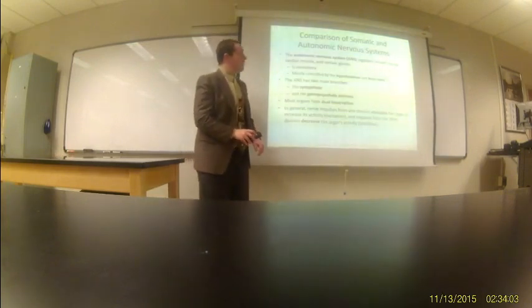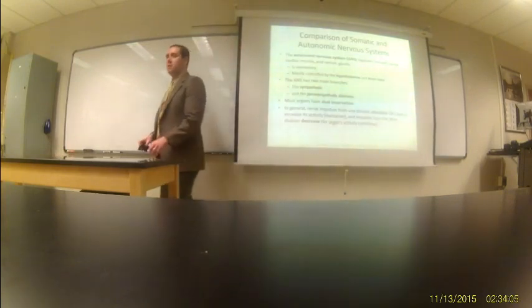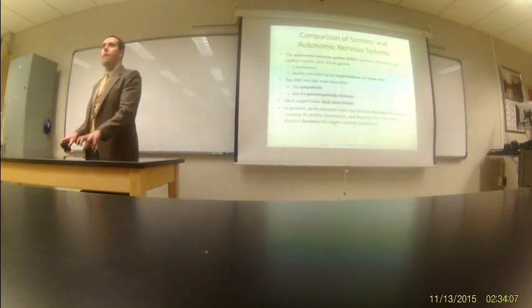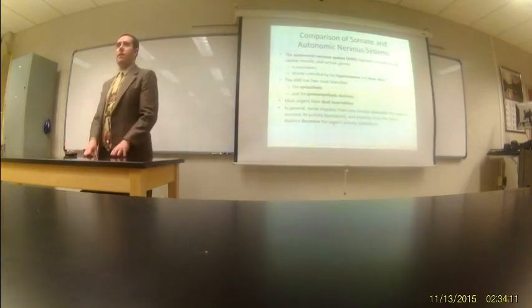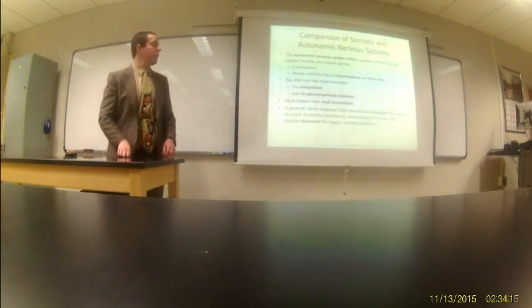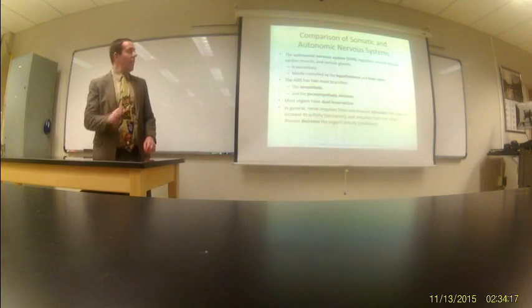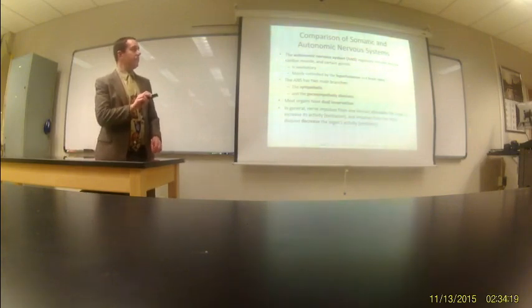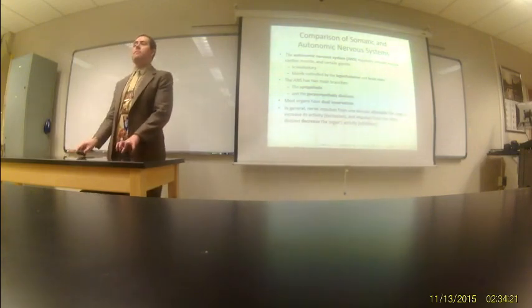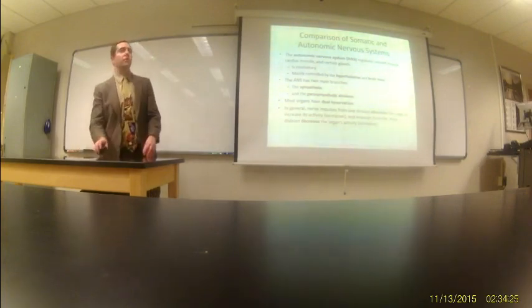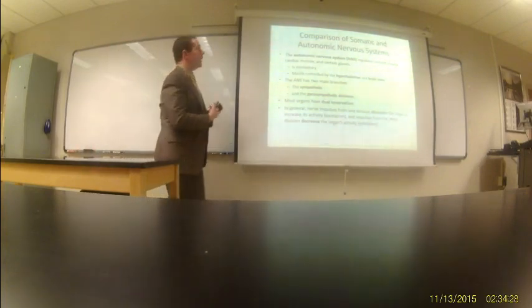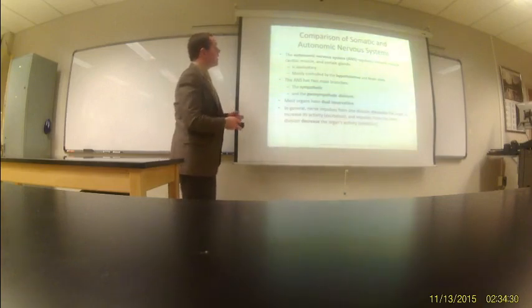Okay. That brings us to the autonomic nervous system. What part of the brain did I say controls the autonomic nervous system? The hypothalamus. The autonomic nervous system is the ANS. This is an important part of our brain. It plays a very large role in our day-to-day activities.